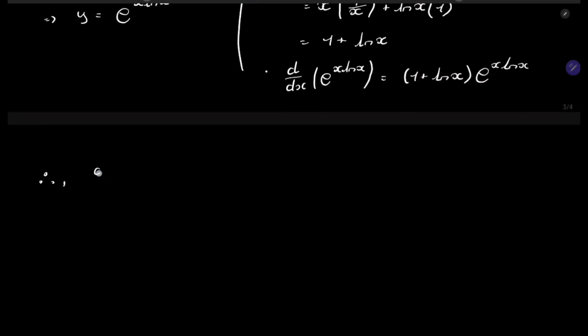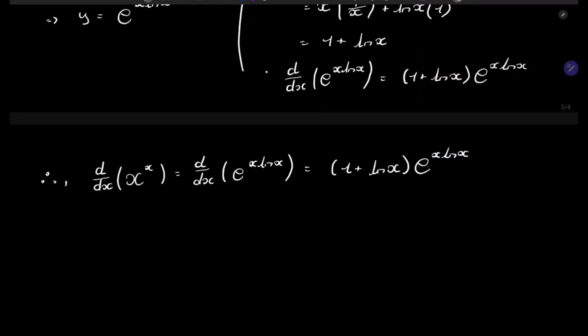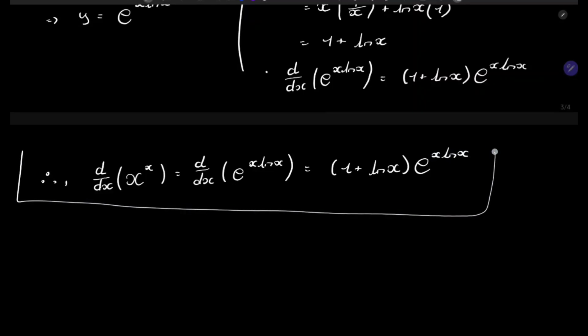Therefore, the derivative with respect to x of our term x to the power x, which is still the same thing as the derivative with respect to x of the term e to the x ln x, is equal to 1 plus ln x times e to the x ln x. We box our answers.